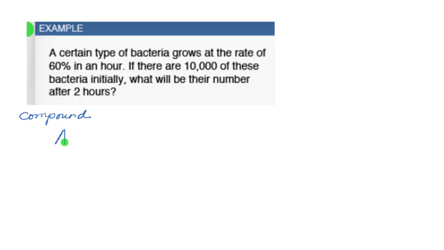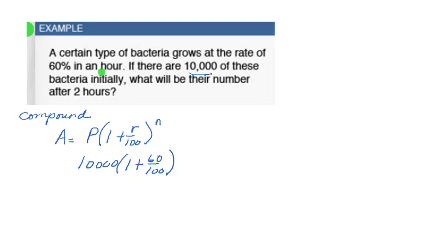So you're going to use your same formula, and P is going to be your original population. That's your 10,000.